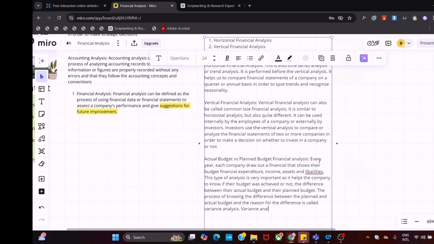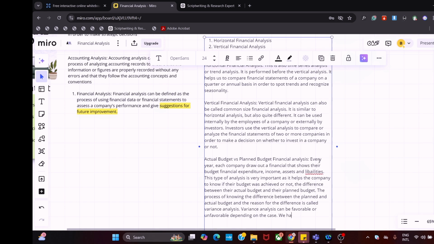Variance analysis can be favorable or unfavorable, depending on the case.